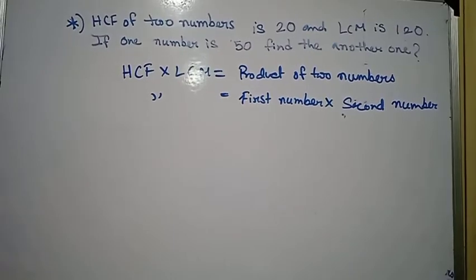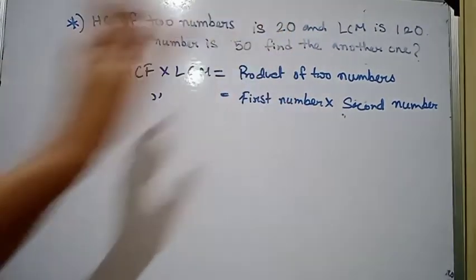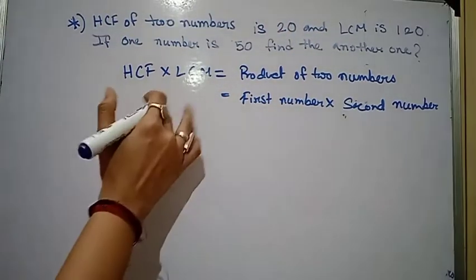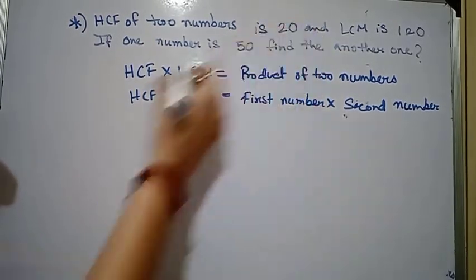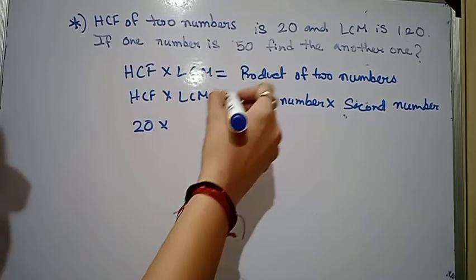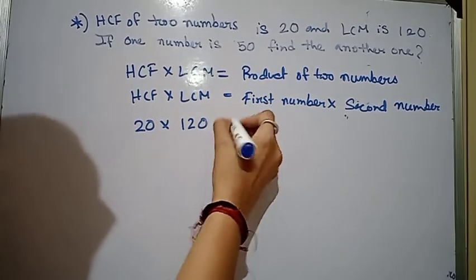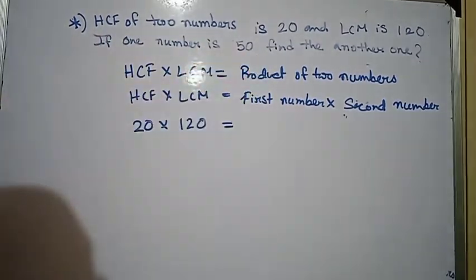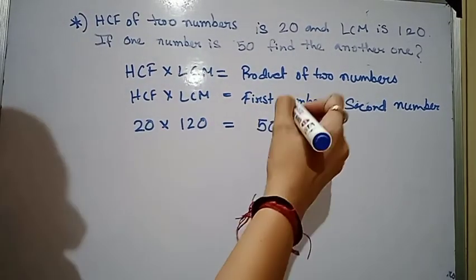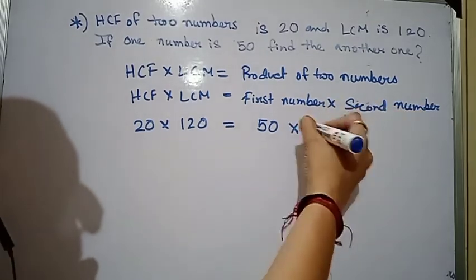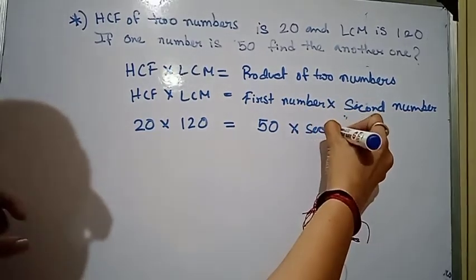So as we know that HCF is 20, from the sum we know that HCF is 20. So we are going to write 20 here, and LCM is 120, and one number is 50. Suppose the first number is 50. So we are going to find the second number.